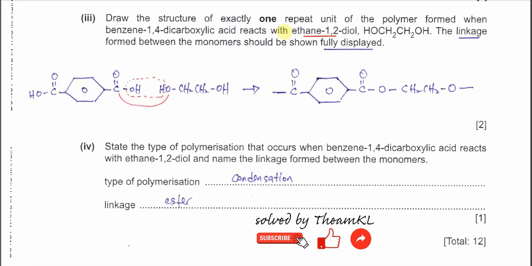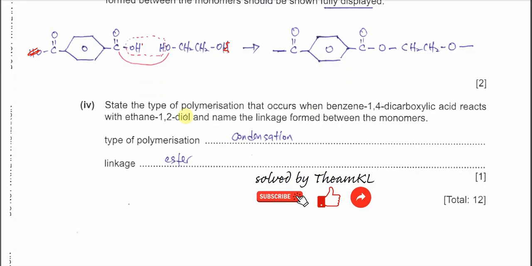To draw 1 repeat unit, first you remove this OH and remove the H here. You put tails on this carbonyl carbon and 1 tail on the oxygen, and you must show this ester linkage. So this is 1 repeat unit of this condensation polymer.